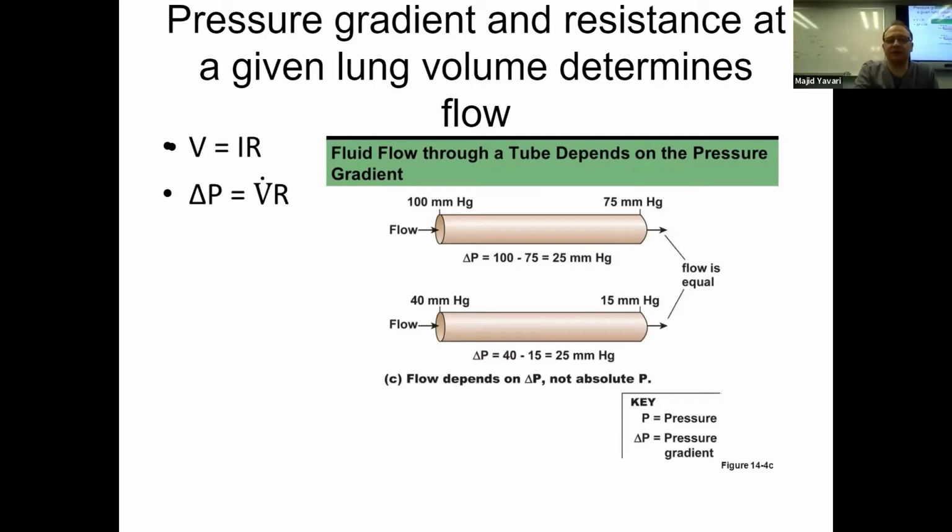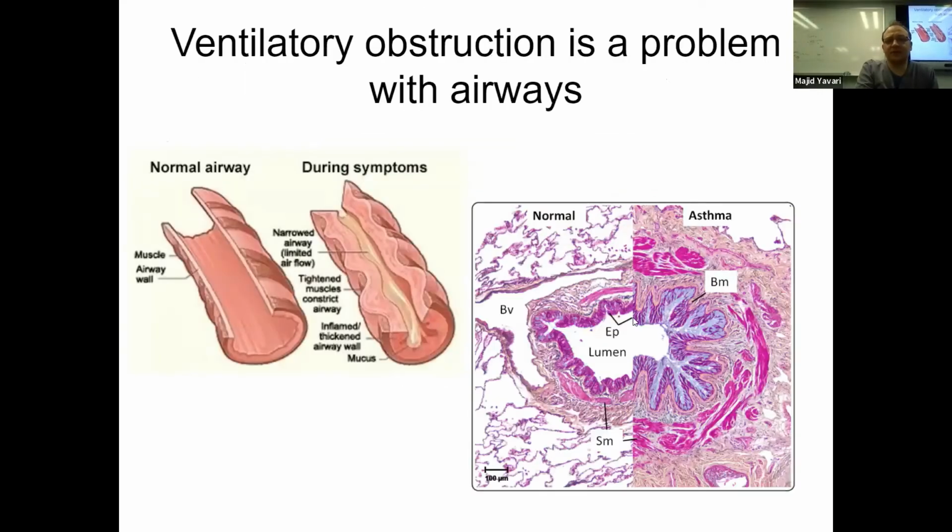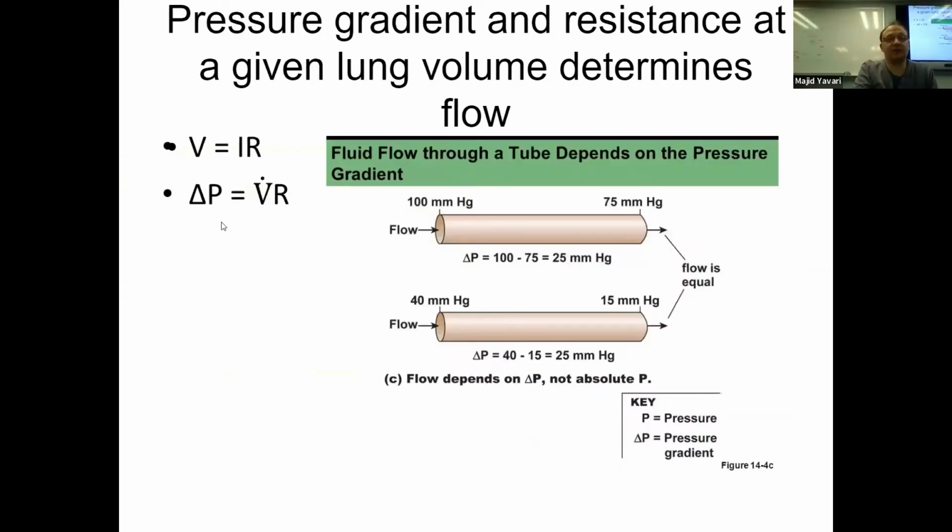You have a higher resistance system because the lumen is narrower and there are often secretions obstructing the airway. So it's much more difficult to exhale despite more effort in generating a higher pressure. So the flow limitation is due to increased airway resistance.